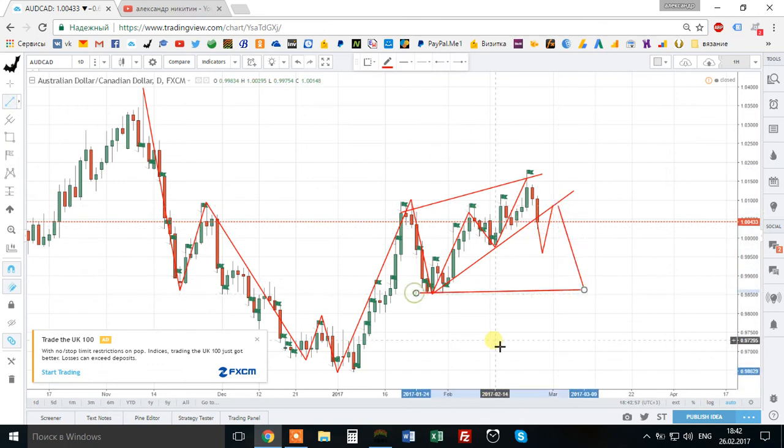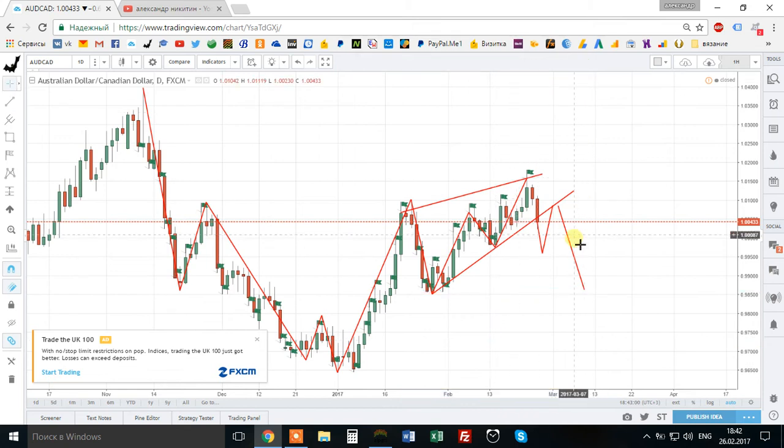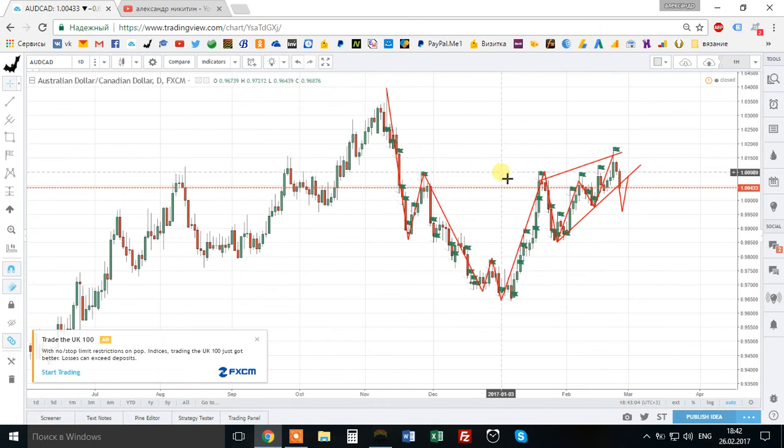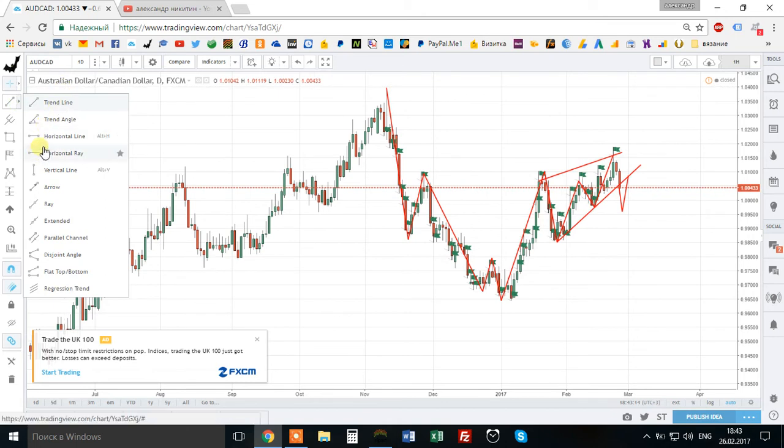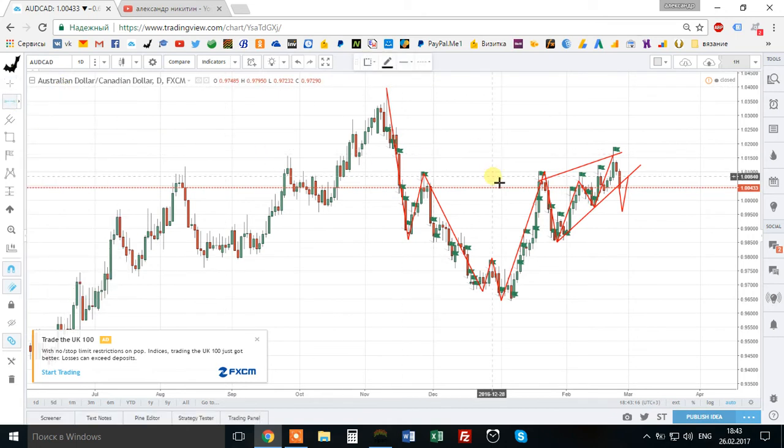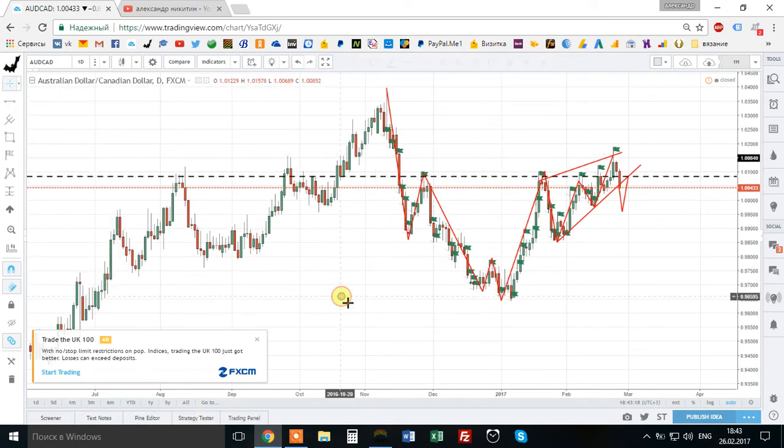This is an aggressive target, but the conservative target says that we should test this thing, at least this. So this is the daily chart of that, and as you can see, it was resistance here, resistance here, resistance here, and finally we went to the downside. Let me draw some horizontal lines so you can see that this resistance is very, very important.